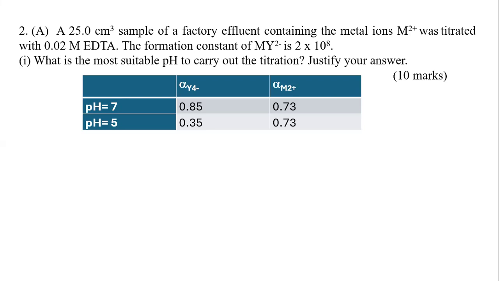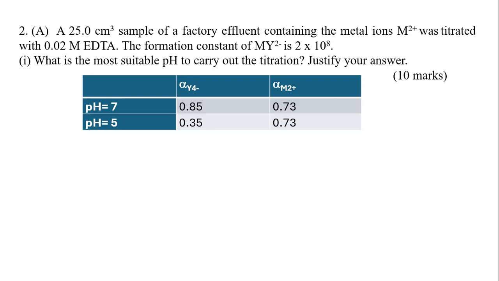Now justify. At pH 7, madam, alpha Y4- is high compared to pH 5. Then according to the equation, we can get a high conditional formation constant value at pH 7. What is the equation? K'MY equals KMY into alpha Y4- into alpha M2+.